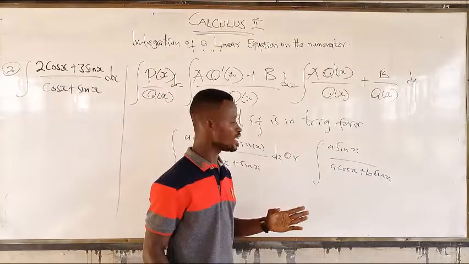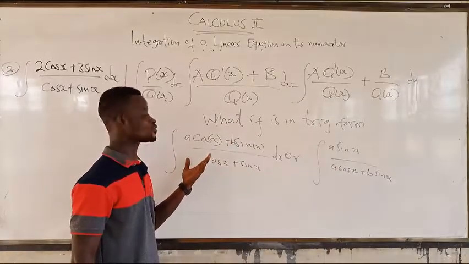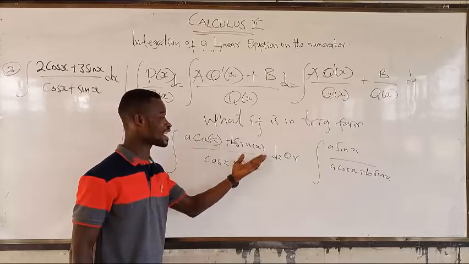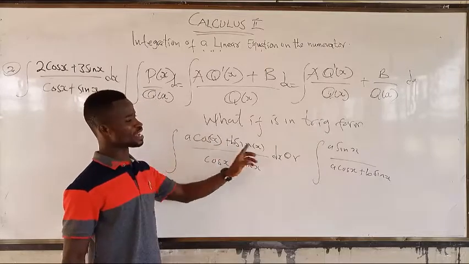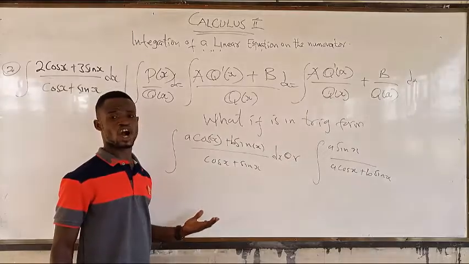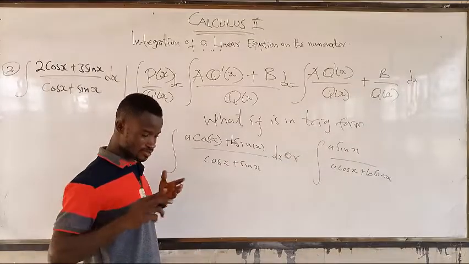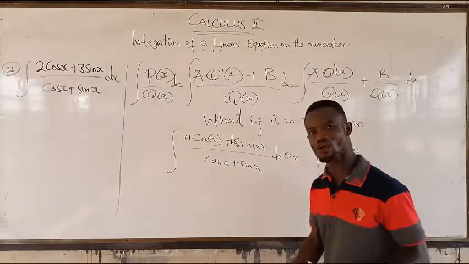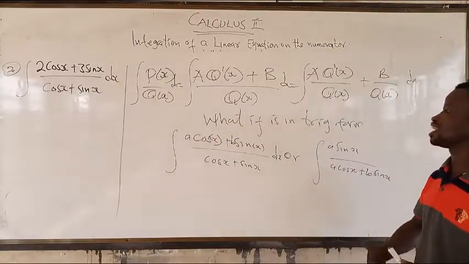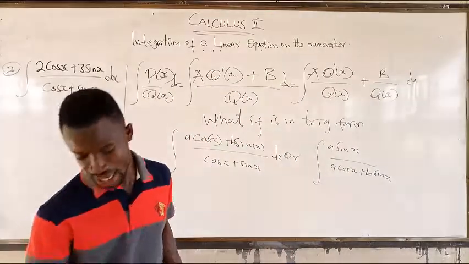It doesn't matter if you have cos plus sine or sine plus cos. It doesn't matter. And the coefficients A and B there, they are all constants, and a constant can be anything, alright?